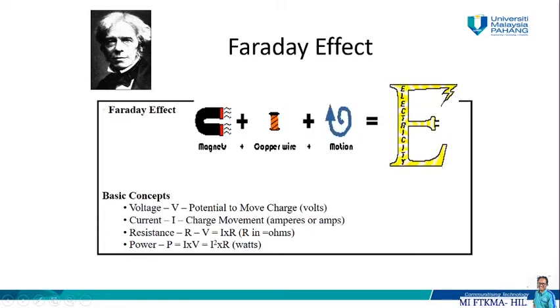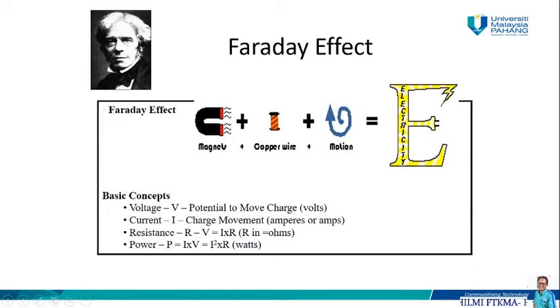In our previous lesson, the basic concepts of electricity were given. We have the voltage V, which is the potential to move charge. We have the current I, which is the charge movement given in amperes or amps.